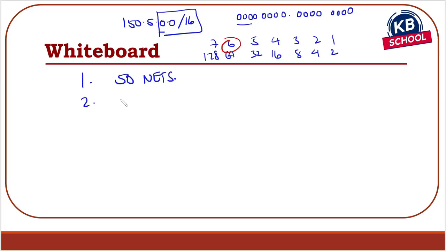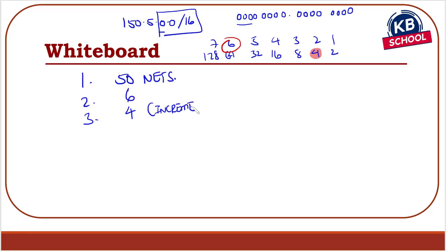But at the same time, if the answer is 6, what's my increment number? 6 times over, right? 1, 2, 3, 4, 5, 6. So my increment over here is going to be 4.